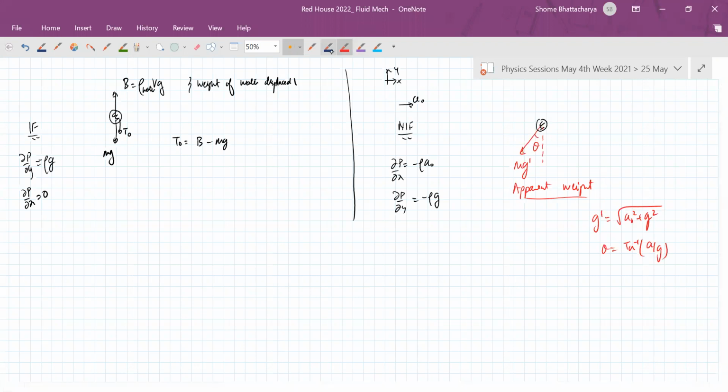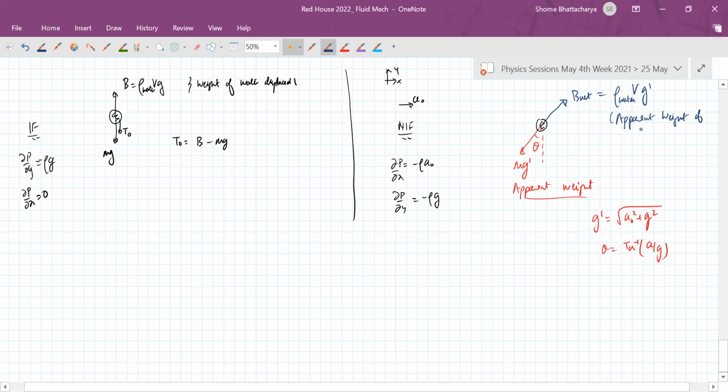So similarly, the buoyant force has to be also replaced with an equivalent type of buoyant force, which is like this, which is equal to density of water into V into G prime, or this is apparent weight of water displaced. So the moment you do this, you will understand that relationship that we're talking about. So you can see that the tension will now become like this.